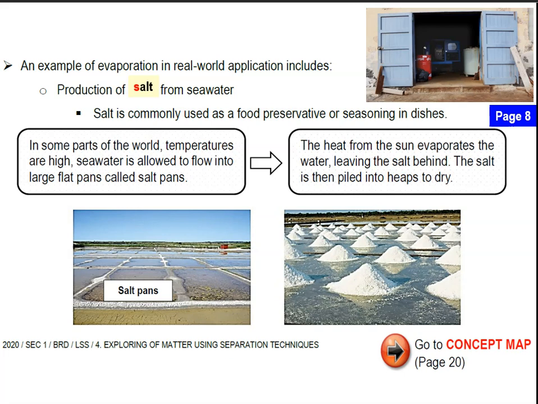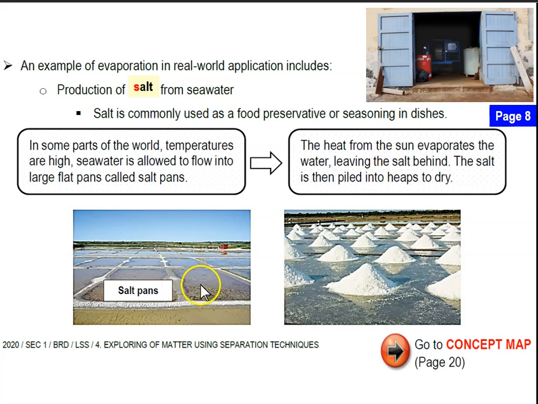So basically, the summary of this process is, in some parts of the world where the temperatures are very high, they will allow the seawater from the ocean to flow into these salt pans. Now, these salt pans are like little squarish structures in the ground that allow the seawater to accumulate.